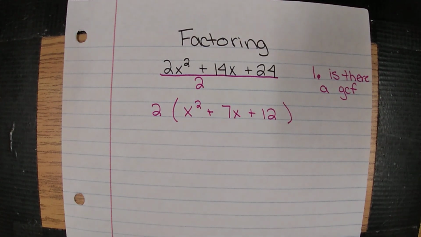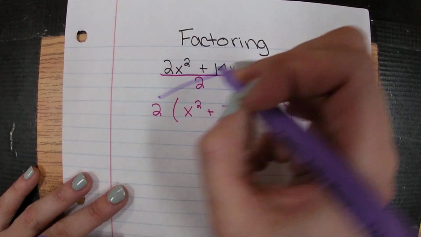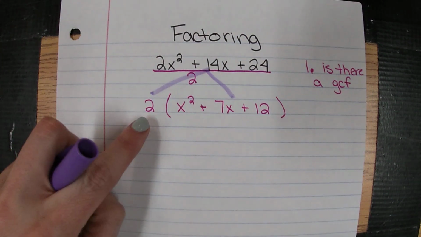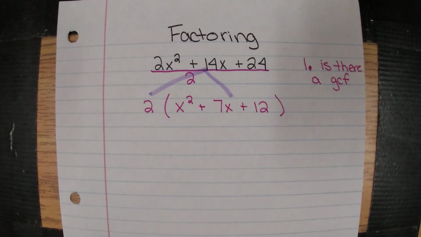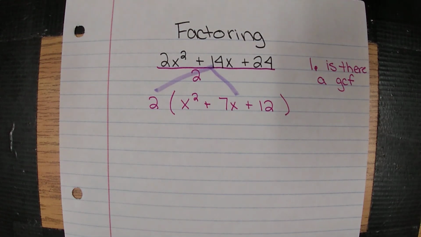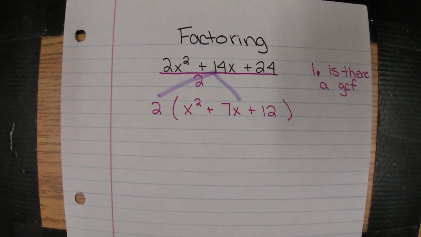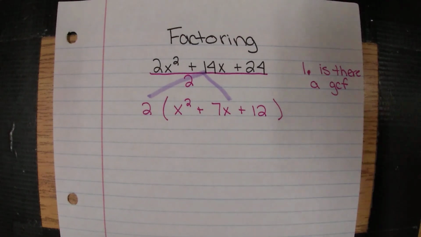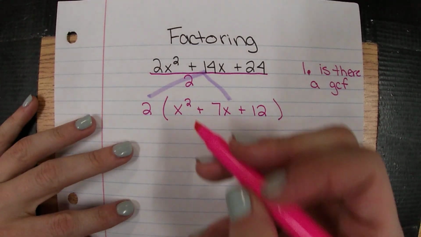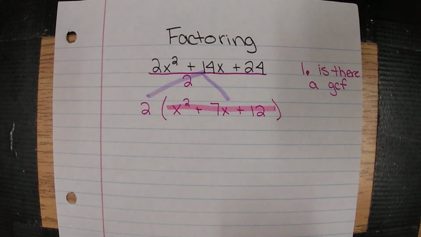If we think about this like a factor tree, just like that 20, this is like us splitting that 20 into the first 2 pieces, 2 and 10, except now our 10 is this big old x squared plus 7x plus 12. We've done that first split. Then we're going to look inside the parentheses and see if we can factor that.